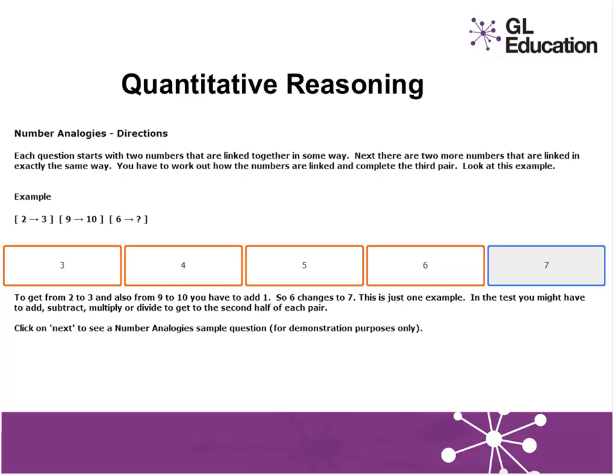So in this example, to get from 2 to 3 and also from 9 to 10, you simply add 1. So 6 changes to 7. In the actual test itself, it may include adding, subtracting, multiplication, division to get the second half of each pair. So it's not always just a case of adding.